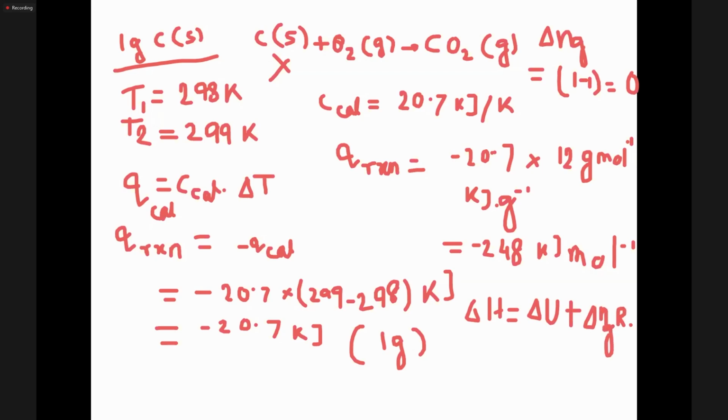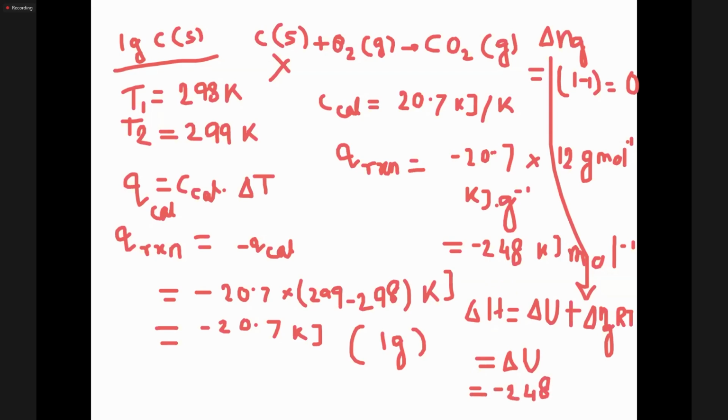Just like the last equation where we solved for sucrose, since delta Ng is equal to 0, delta H will be delta U. And we have calculated delta U as minus 248 kilojoule per mole.